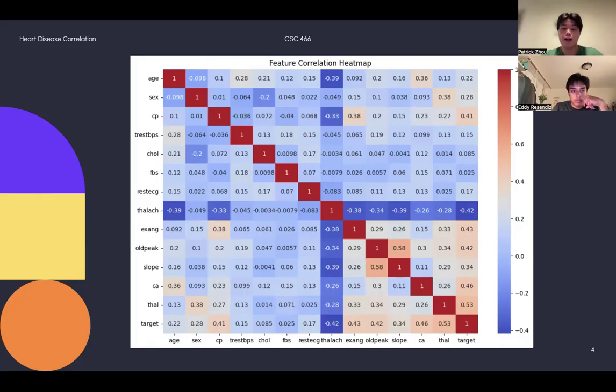As we can see from the graph, abnormal thalassemia and more blocked vessels, exercise-induced angina, and higher old peak values all correlate with being more likely to have heart disease, while thalach, meaning higher max heart rate, has a negative correlation with heart disease. This means that the higher someone's max heart rate is, the less likely they are to have heart disease. There are also relationships between features, like old peak and slope having a positive 0.58 correlation, while age and thalach have a negative 0.38 correlation.